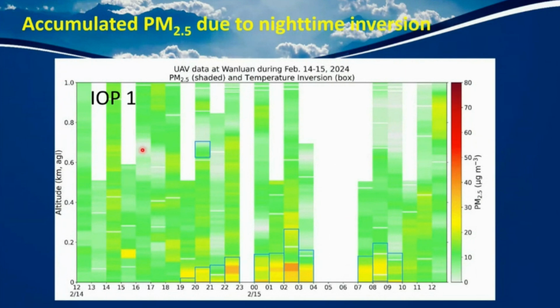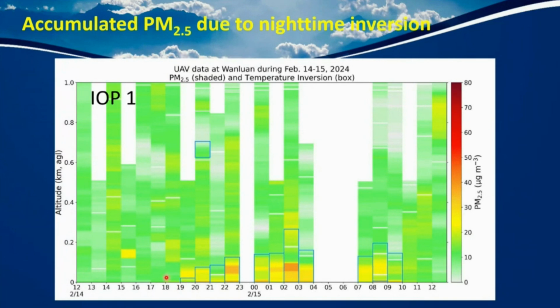Here we use the UAV to measure the temperature and relative humidity, and we can use the UAV to identify the inversion layer. We see that the inversion layer always shows up after sunset, from 19:00 until early morning at 4 o'clock.